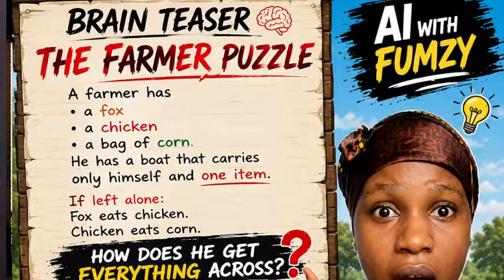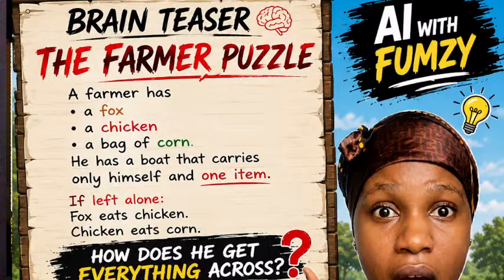So let me give you a tip or hint on this. The first trip determines whether you will succeed or not. And mind you, for the farmer to successfully cross all the three items, while coming back after dropping one, he might need to pick another one while coming back.